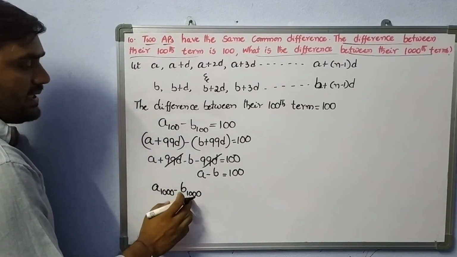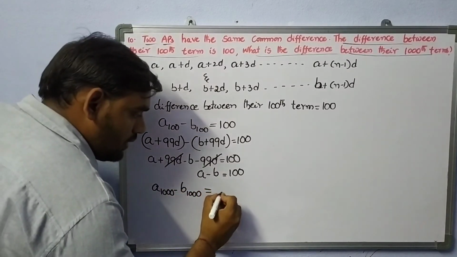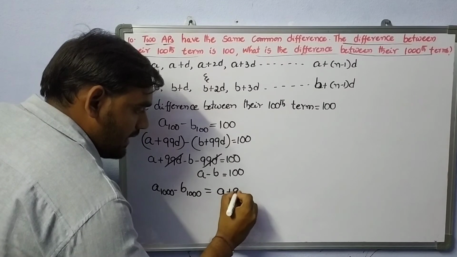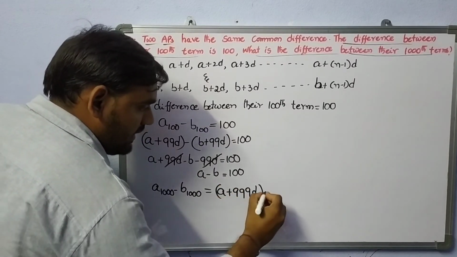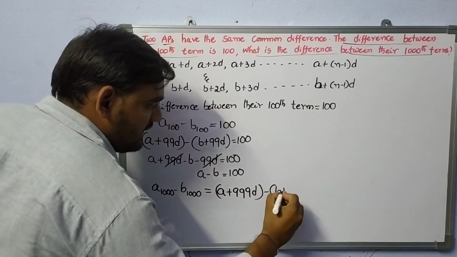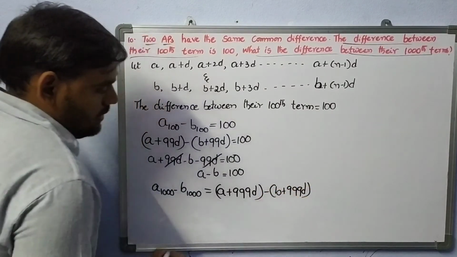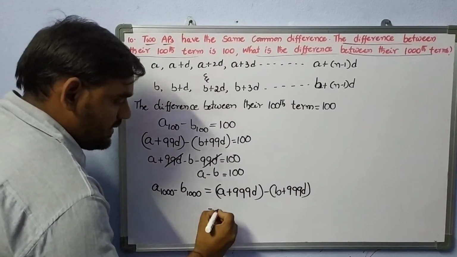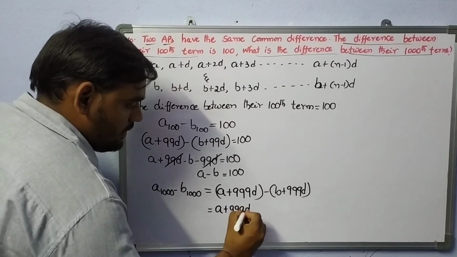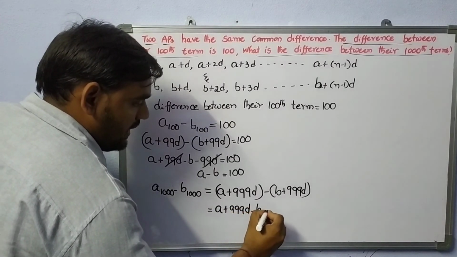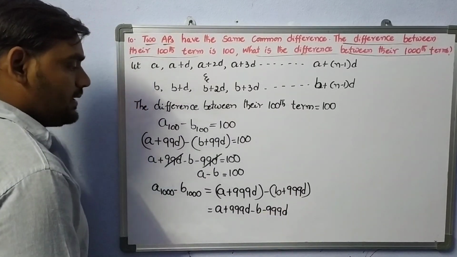So a1000 minus b1000 is equal to a plus 999d, minus b plus 999d. So this can be written as a plus 999d minus b minus 999d, isn't it?